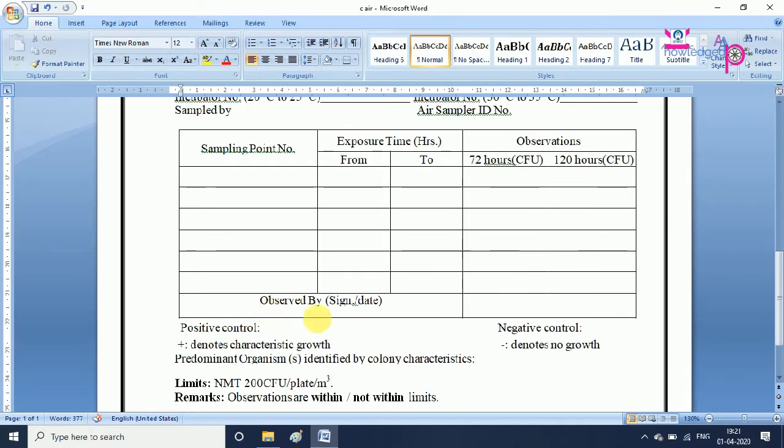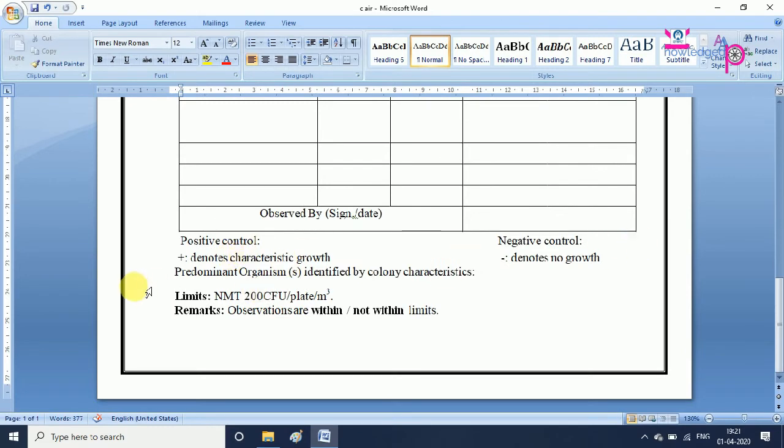Who has observed, sign and date. Positive control, negative control denotes characteristic growth. Predominant organism identified by colony characteristic.